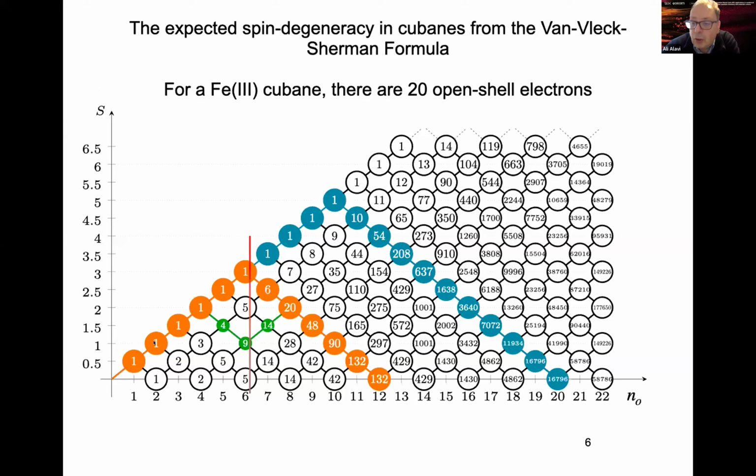And then the second electron, which goes in the second orbital, you can either spin couple positively to get a triplet or negatively to get a singlet.